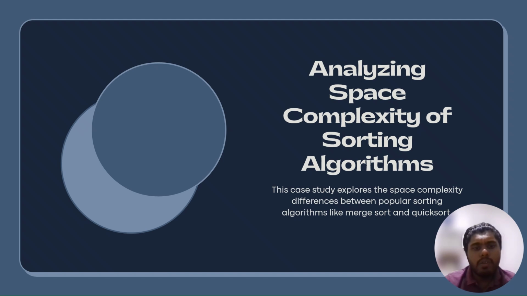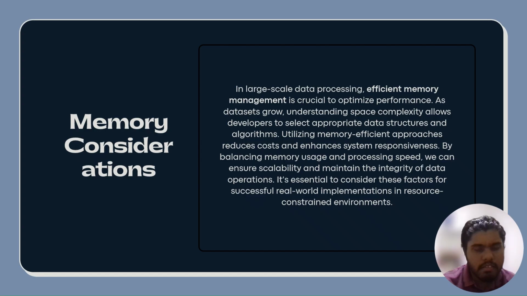Let's now look at some practical examples to better understand memory usage in real algorithms. The iterative Fibonacci approach uses constant memory, so it is O(1).